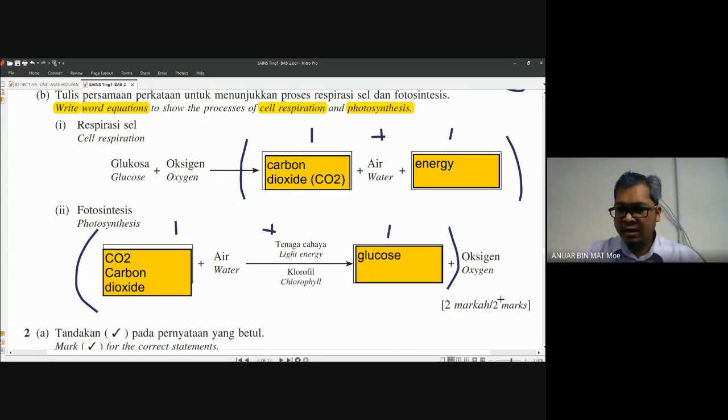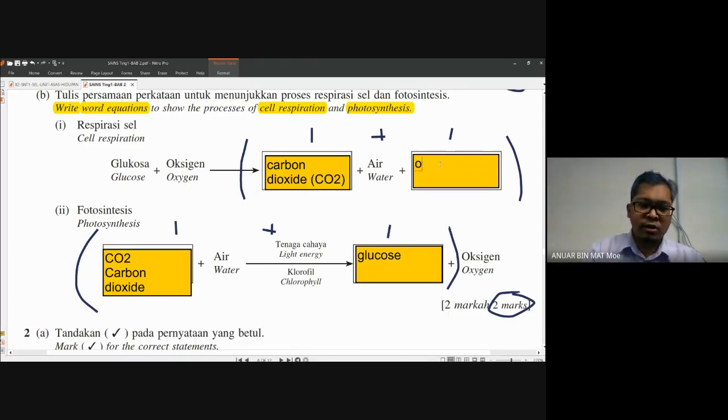But the marks given are only 2 marks. What happens if one answer is wrong? You said carbon dioxide plus water, and you write oxygen.